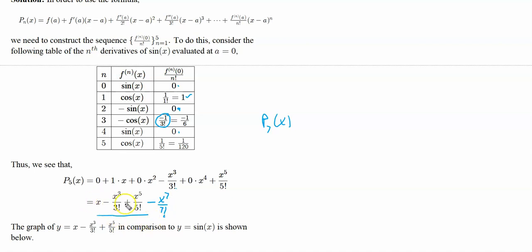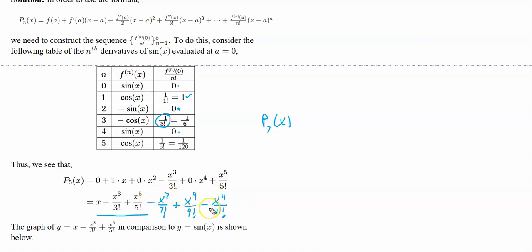Plus, minus, and you go by odd powers of x. Then the next term in your Taylor series expansion would be x to the 9th over 9 factorial, and then minus x to the 11th over 11 factorial. This would be P11 of x, or the 11th degree Taylor polynomial.